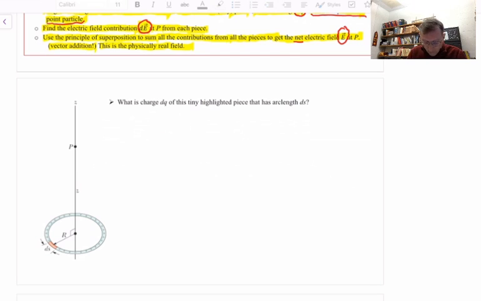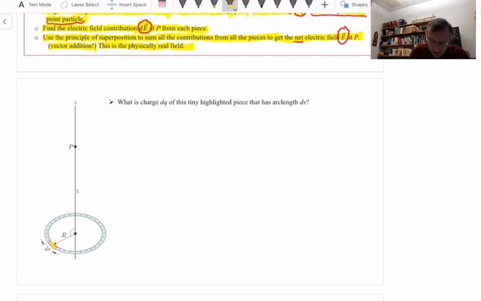And one little bit's been highlighted in a kind of pink color. That's a little piece. It's got charge dq, and it's got a little arc length ds, and of course it's at a radius, big R. That's the highlighted piece. Of course, there's an infinite number of those around. We just picked one arbitrarily.